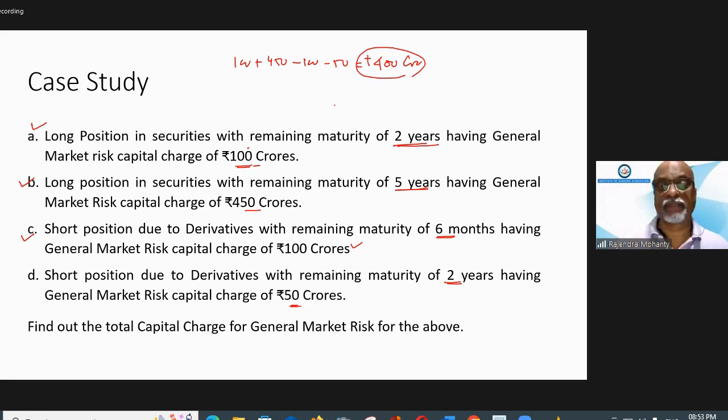Apart from this, we also have to calculate the vertical disallowance and horizontal disallowance. So how are the vertical and horizontal disallowances to be calculated?